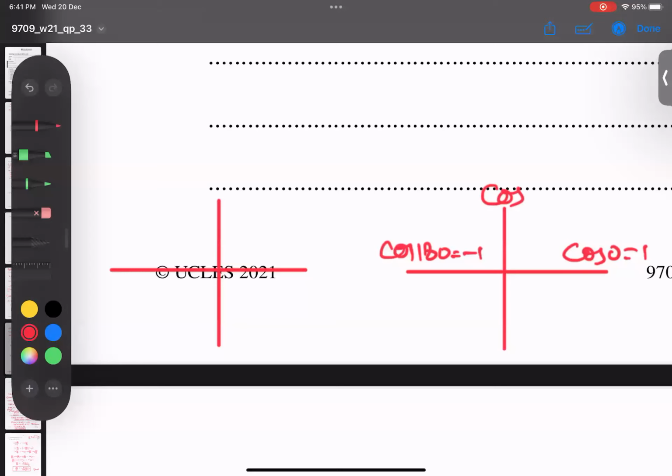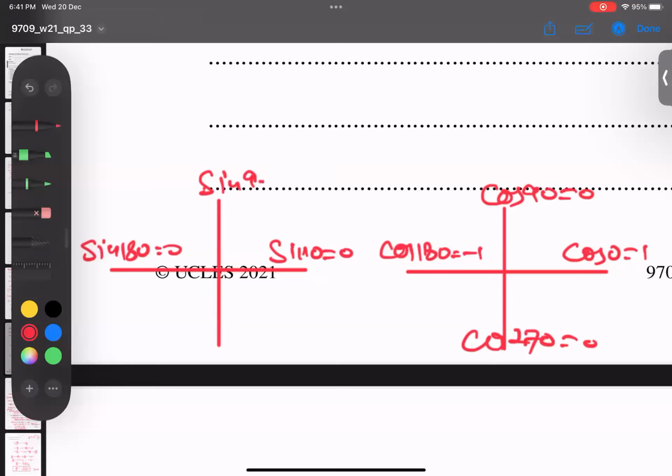And what about up and down? Cos 90 is 0 and cos 270 is 0 as well. But sine is the total opposite. It means sine 0 is 0 and sine 180 is 0. And up, sine 90 is 1 and sine 270 is minus 1. This you have to memorize.